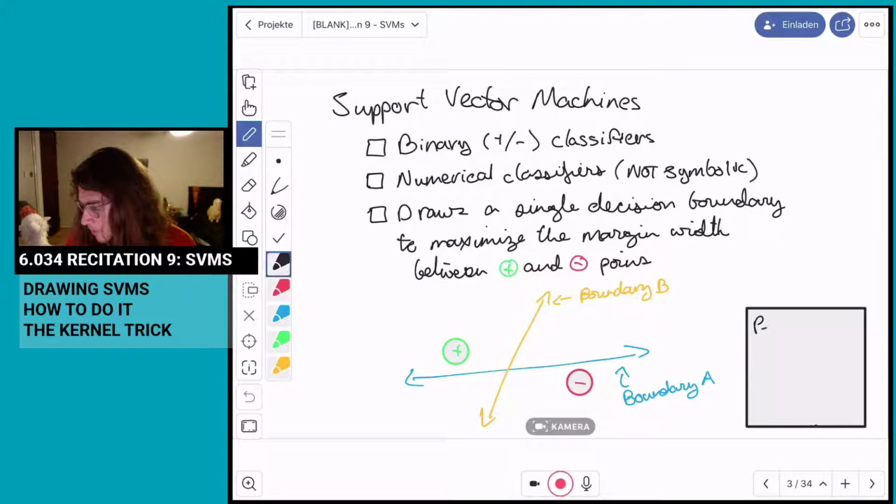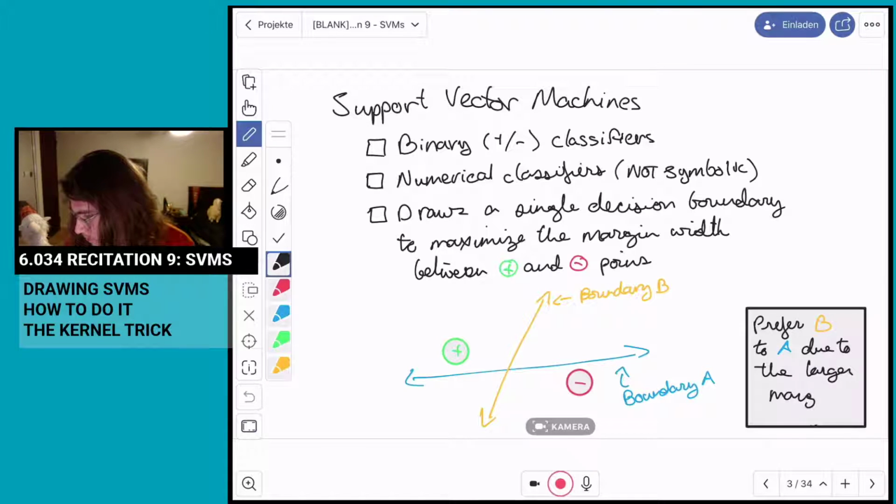So support vector machines will prefer B in this case to A due to the larger margins. Conceptually, that's what they do.